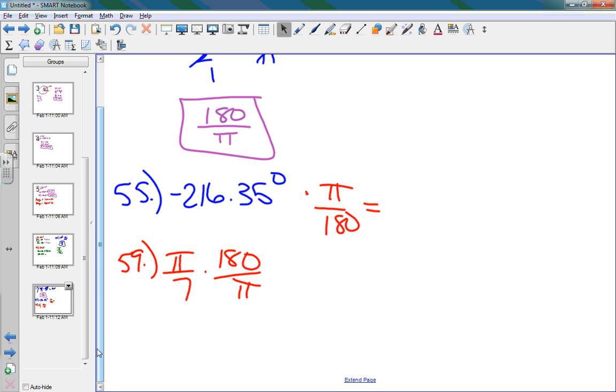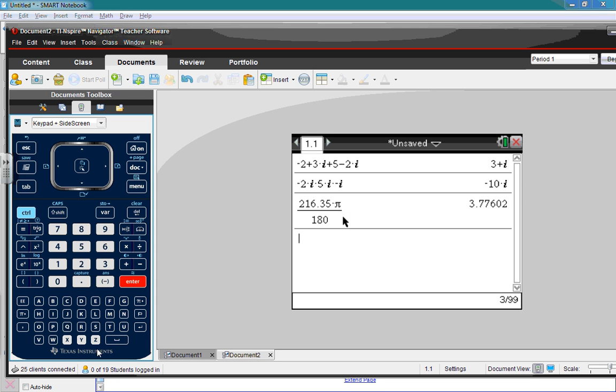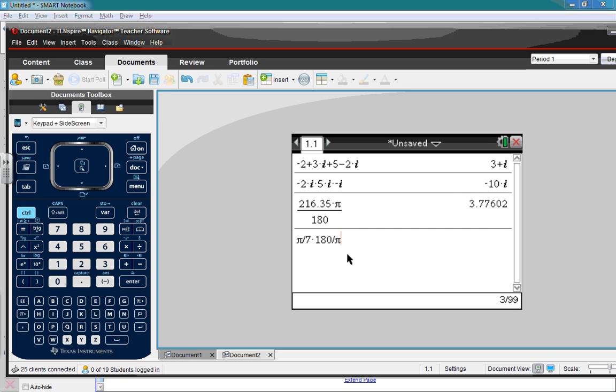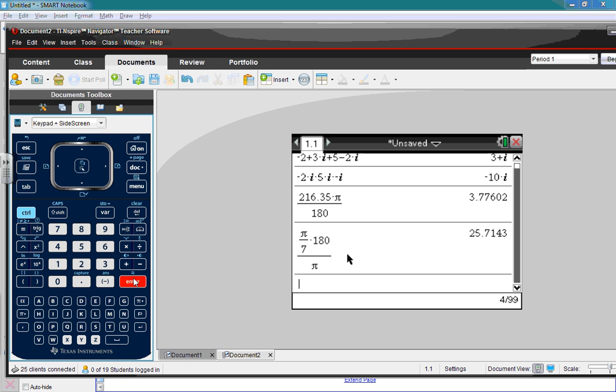So I come back over to my calculator, and I have pi divided by 7 times 180 divided by pi. Does it really matter to have the pis in there? No, because what's going to happen anyway? They cancel out. I'm just making you see that. It gives you 25.7. Okay, do we all understand that that's in now what measurement?